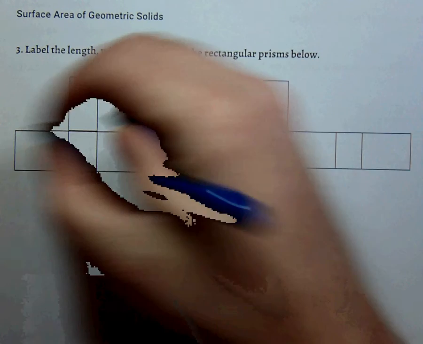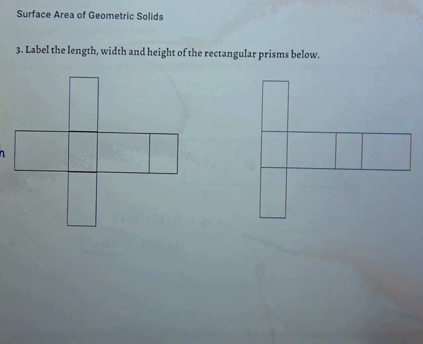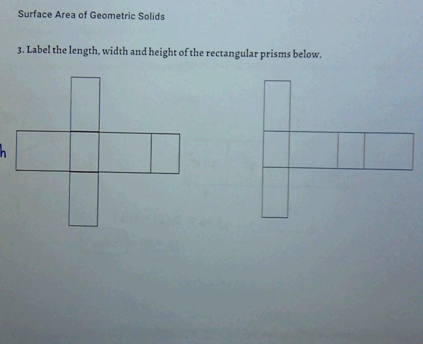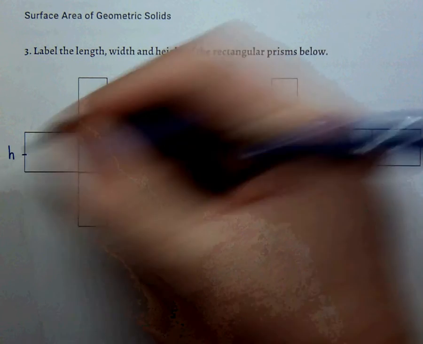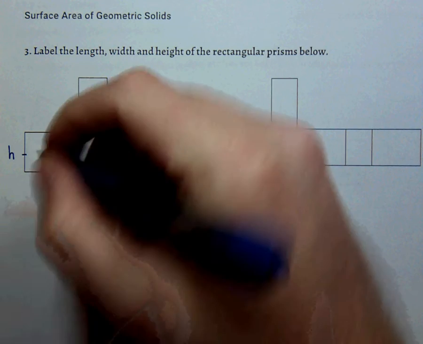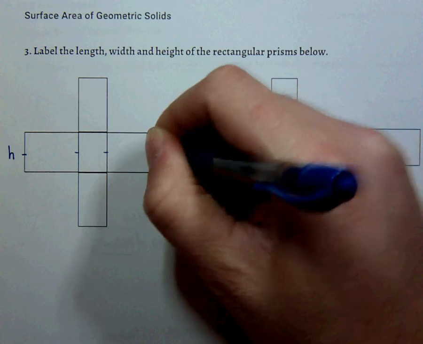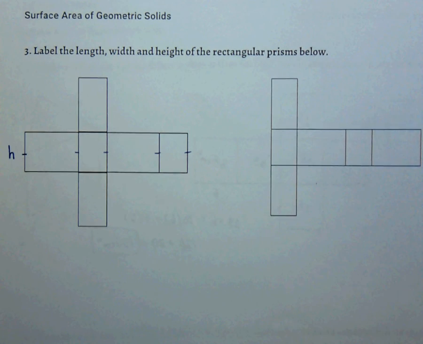I always put height on the end. If that right there is the height, I'm going to label all the sides that are equal to that. And it's literally all the way down the center like that. All of those are the height. They're the exact same length. And that's really all you need to know with it. That is the extent of it, which is kind of nice.